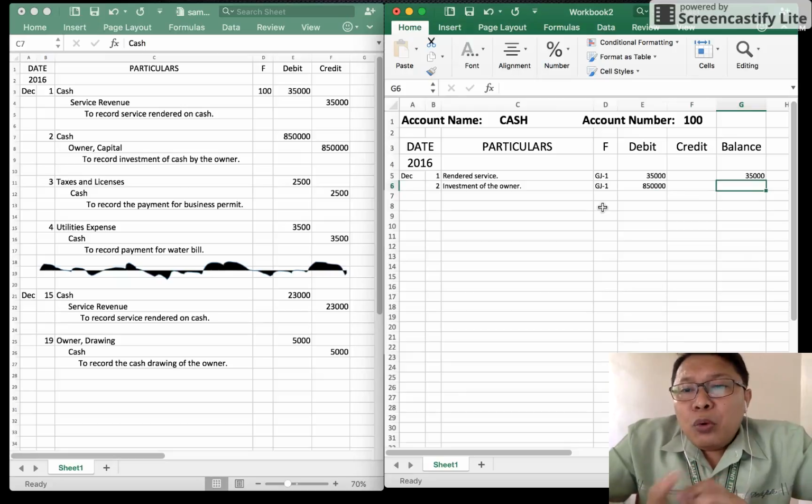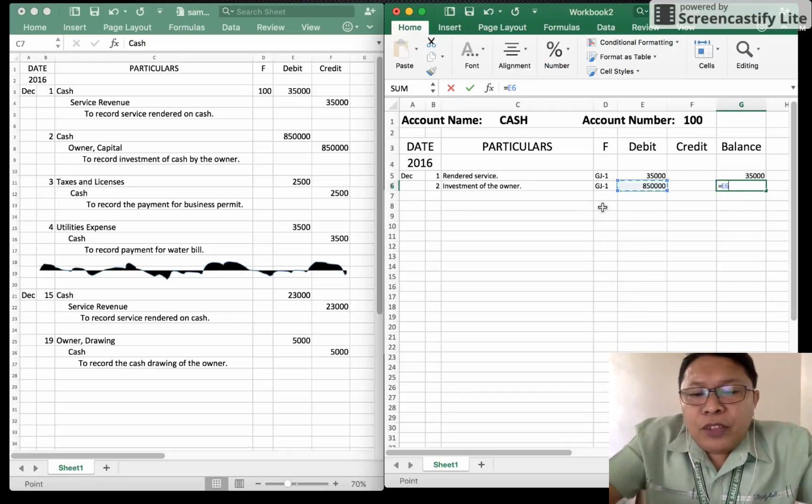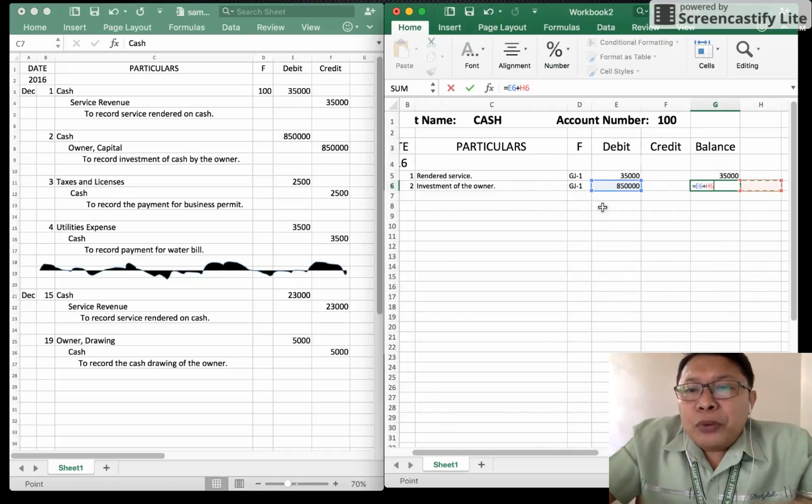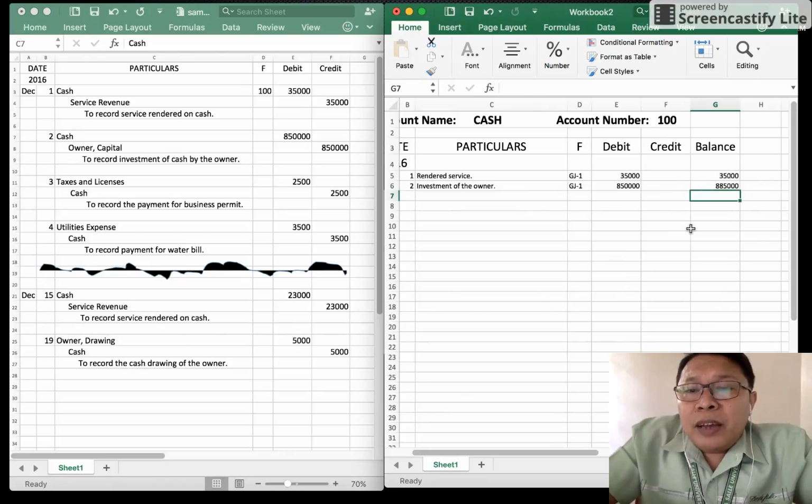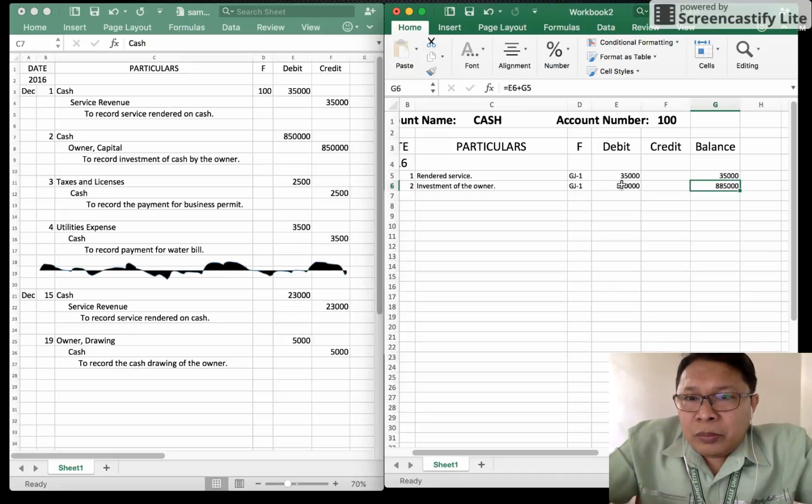Okay. Now, we need to add the 35,000 to 850,000 because both are debited. So our balance now will become 885,000. So this is a running total, meaning you add values and provide the balance if they appear on the same column.